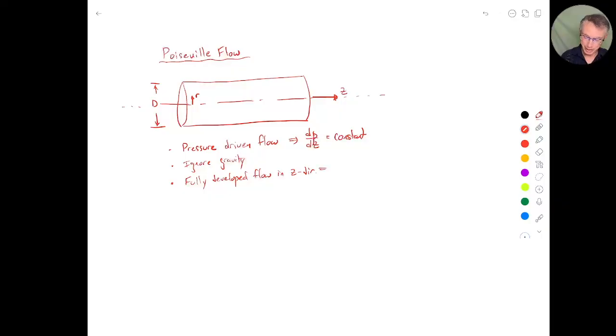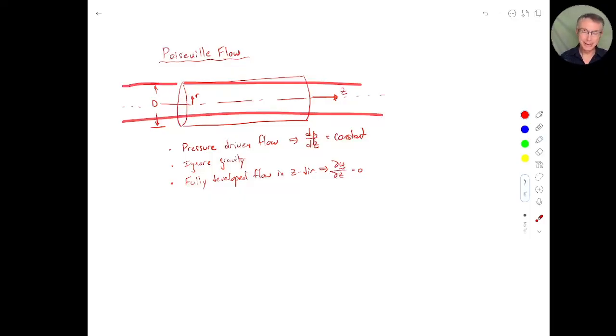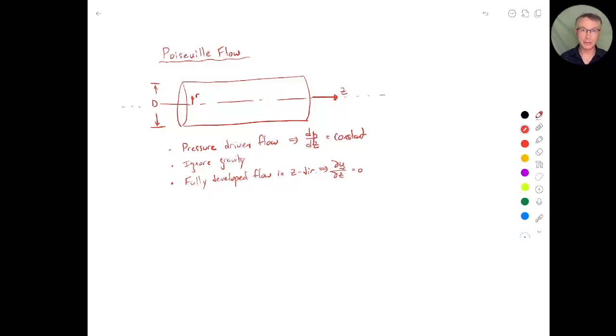What that means is that the velocity profile does not change as we move in the z direction. So whatever the velocity profile looks like here, it's going to be the same velocity profile here, same velocity profile here. That makes sense. If the pipe is infinitely long, there's no reason one part of the pipe should look any different than the other part of the pipe. Okay, so that's what fully developed means, is that the velocity profile doesn't change.